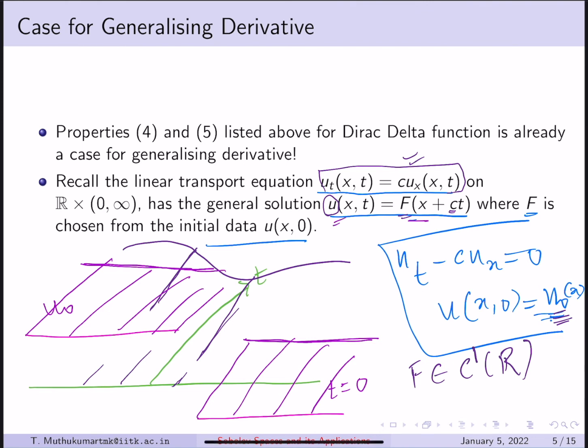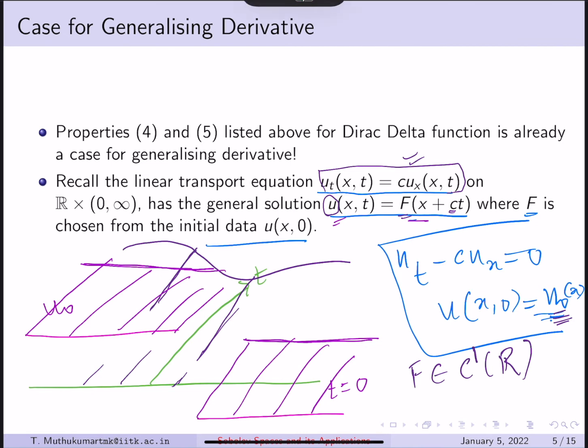Which means that if we can generalize the notion of derivative to functions which are not classically differentiable, and we somehow change our interpretation of the differential equation in that sense, then probably we can include these discontinuous data situations, right? Discontinuous solution situations. So that is another motivation.